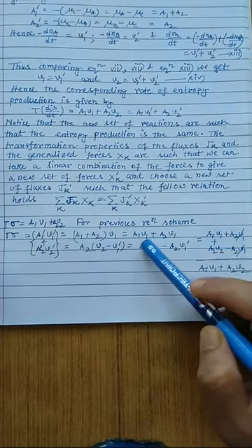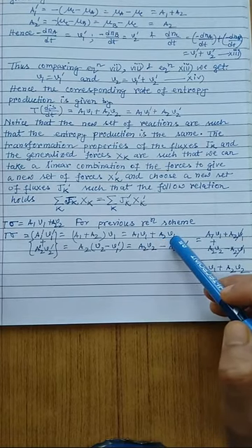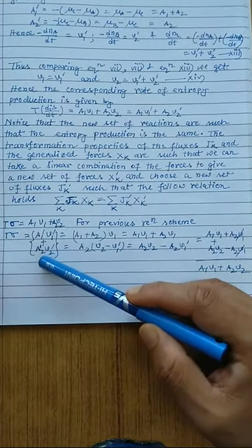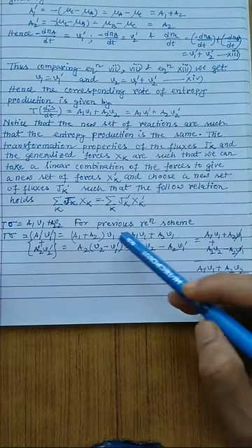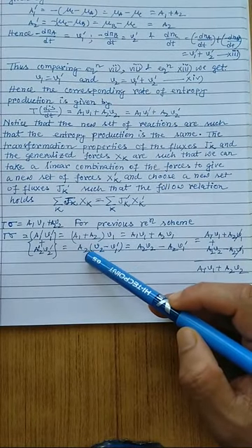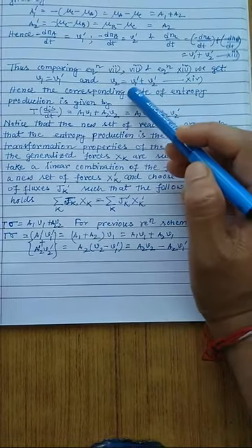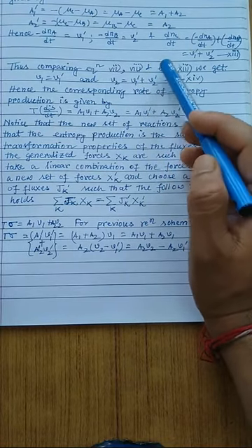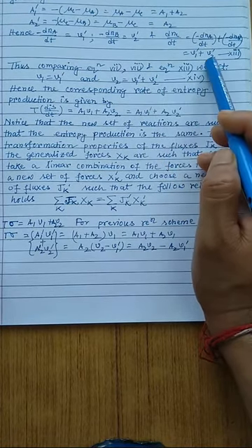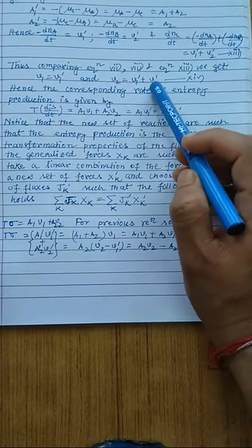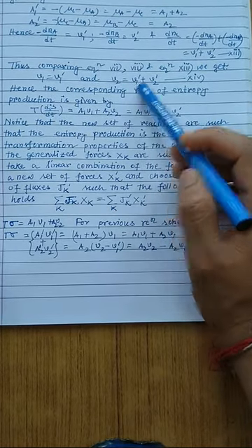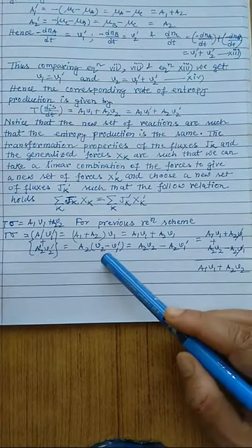So A1 into V1 plus A2 into V1, and A2 prime into V2 prime, and we know that A2 prime equal to A2, so I have written here A2, and I have converted this V2 prime in terms of the initial reaction scheme. V2 prime equal to V2 minus V1 prime.